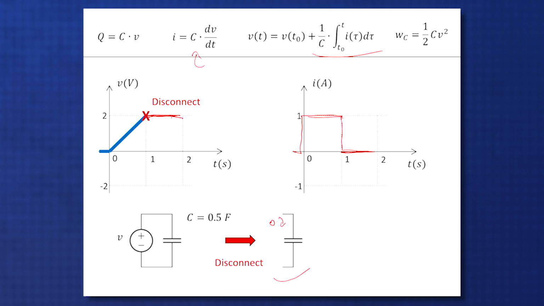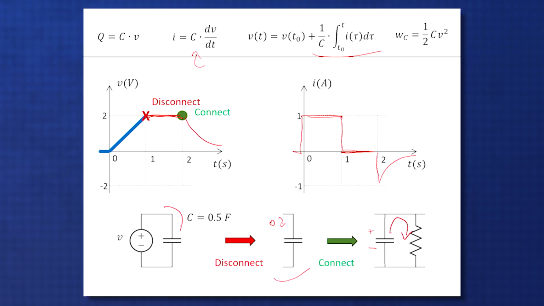And then, at time equal to 2, I'm going to connect a resistor. What's happening then? Well, there was some charge in this capacitor. It's going to start leaking away. And when it's leaking away, the voltage is going to drop. And the result is going to be a current. Remember, this current was positive in this direction because we were using the passive sign convention.